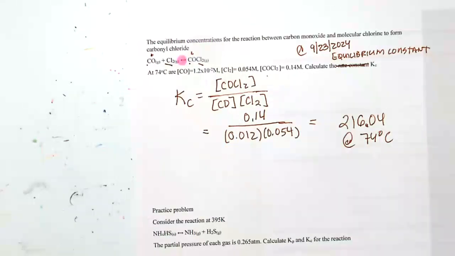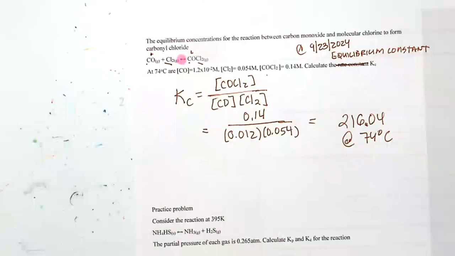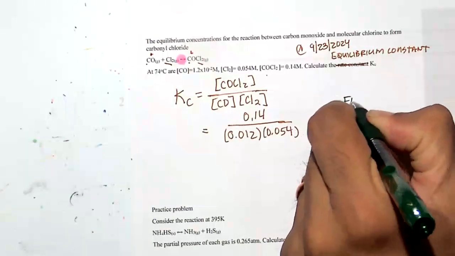Is it greater than 1? So it's going to favor the products. That's correct. It's a large number, 216, so it favors the products.